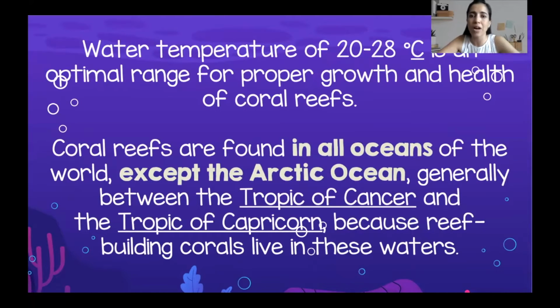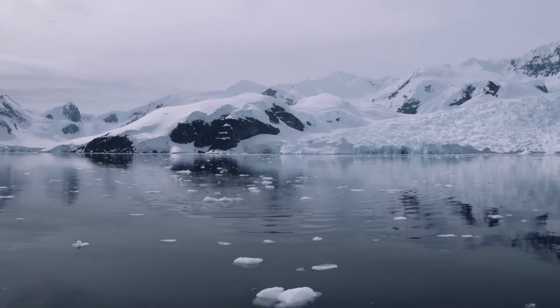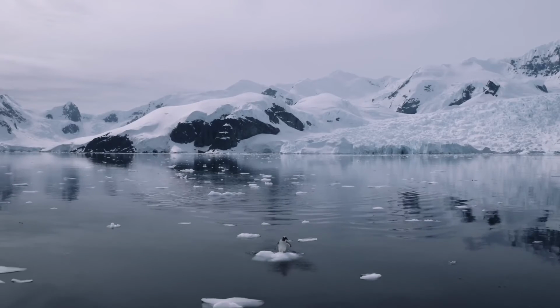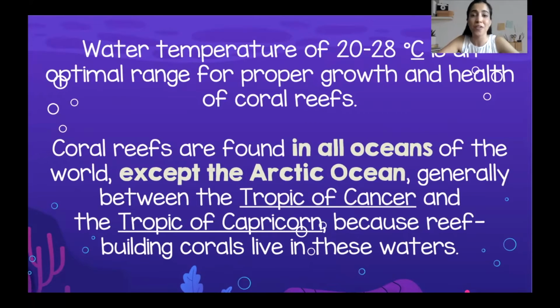Coral reefs are found in all oceans of the world, except for the Arctic Ocean, just like the grasslands. You cannot find them in the Arctic. So, generally between the Tropic of Cancer and Capricorn, because reef-building corals live in these waters.